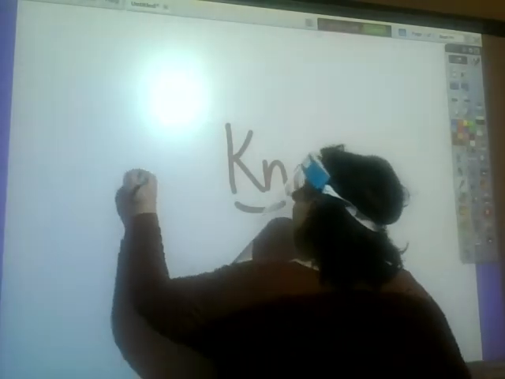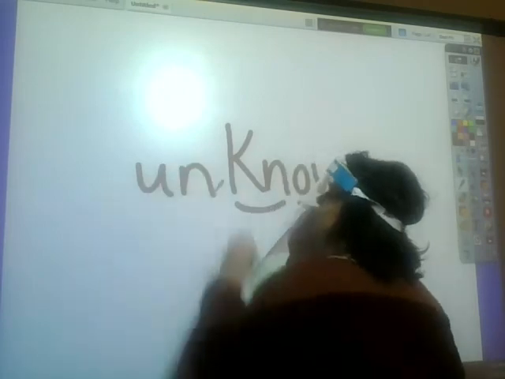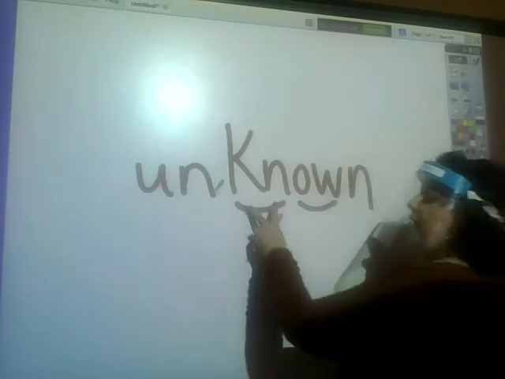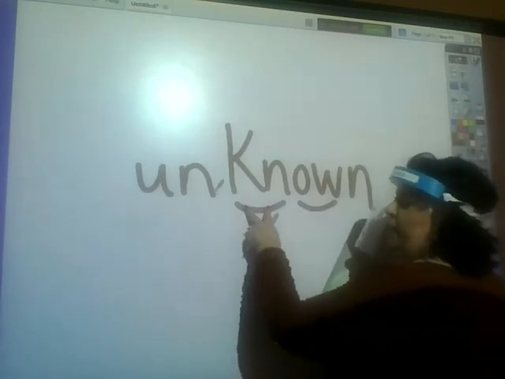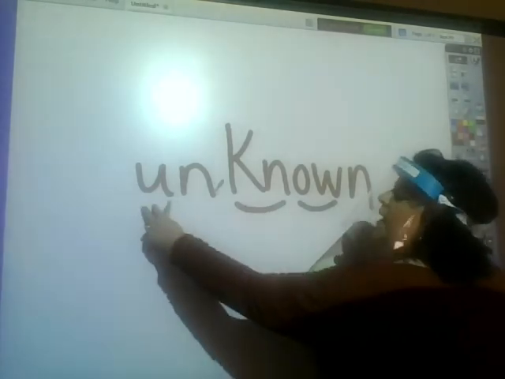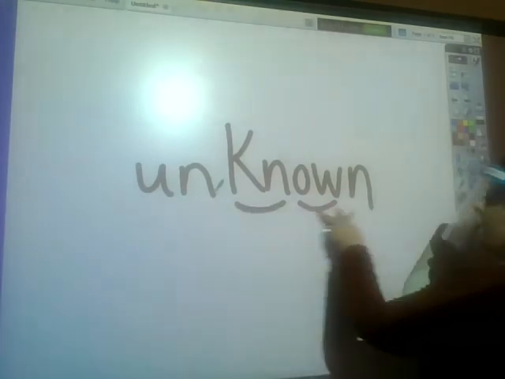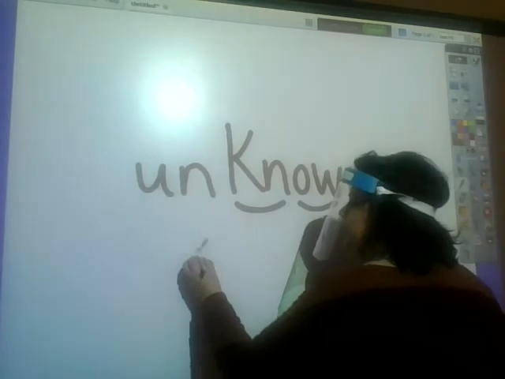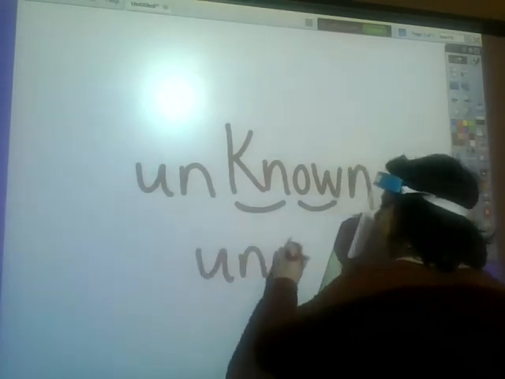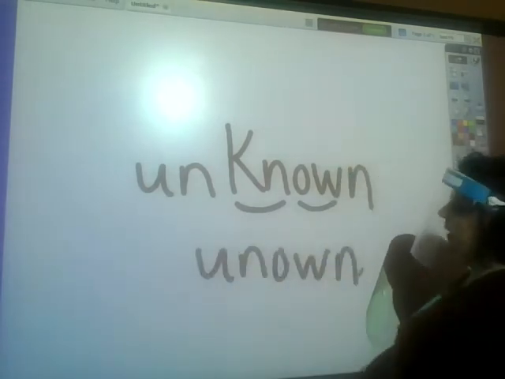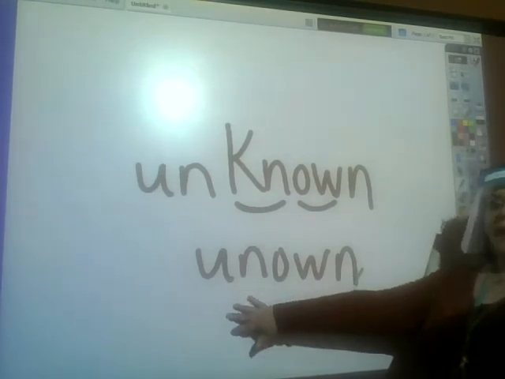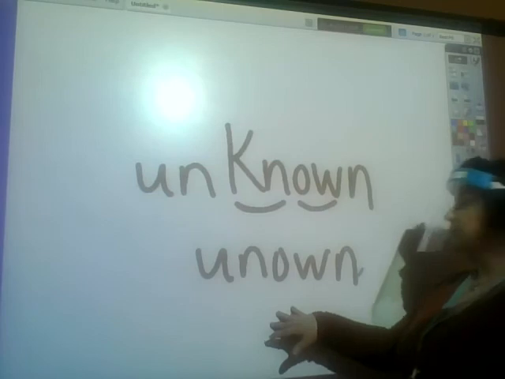In this word, we're going to add our prefix un. Now, did my spelling change? No. Did I have to remember this blend right here, the KN? Yes. Unknown. And you need to remember this blend because a lot of times I see it written like this on spelling tests. And now I just have this word that doesn't really exist called a noun, but it's really not a noun.